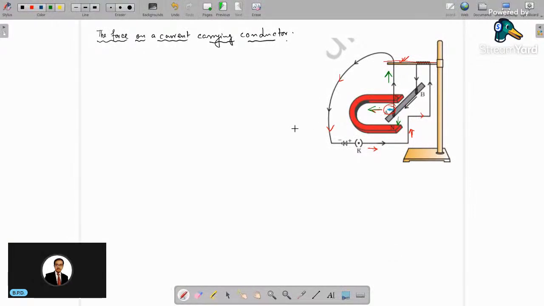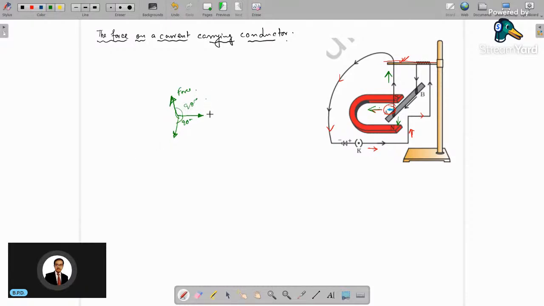If we consider a magnetic field like this and a flow of current like this, then we will definitely experience a force like this, which will be perpendicular to both of these. These should be perpendicular to each other.